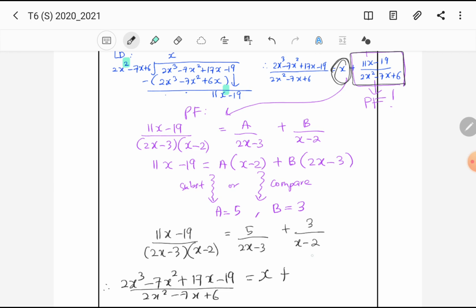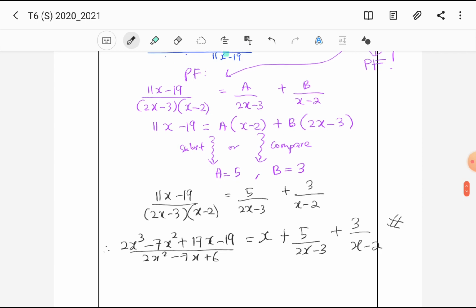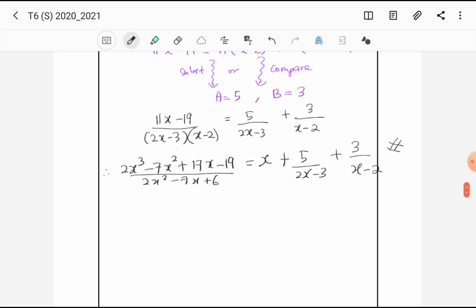And the answer for partial fraction is 5 over 2x minus 3 plus 3 over x minus 2. Okay. So, ini untuk improper fraction. Ada tambahan satu step which is long division. After long division, we will proceed to partial fraction for the remainder part only.